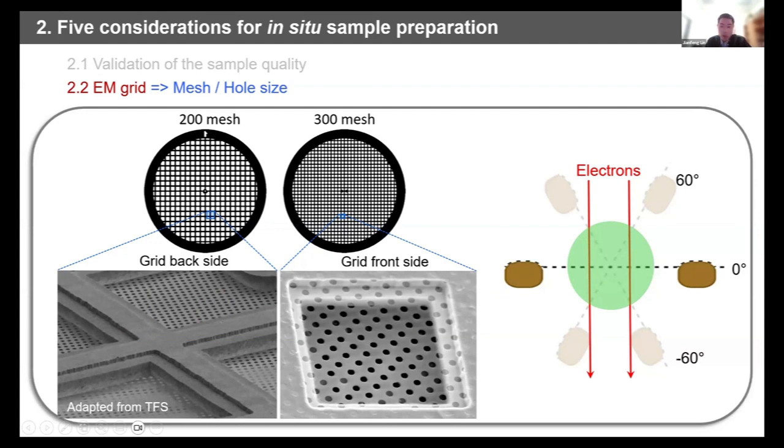If your sample will be used for electron tomography, this is an important consideration, because if you select a small square, like a 400 mesh, then after tilting to a certain range, for example, in the diagram we show minus 60 degrees to plus 60 degrees, only the green regions are accessible by electron tomography. This means that if your square is relatively small, only the center region can be studied. This will largely limit the samples in your study.